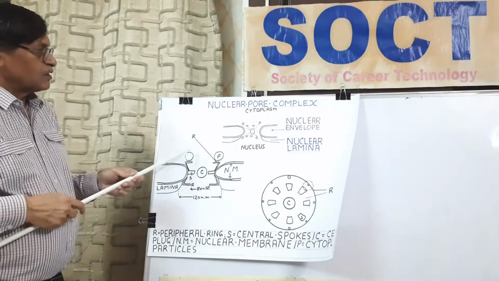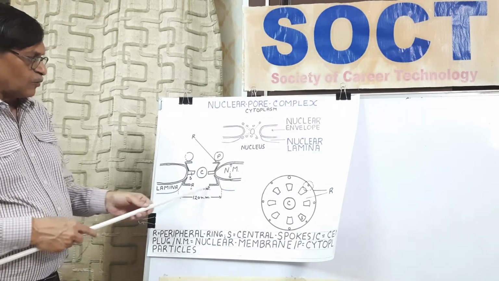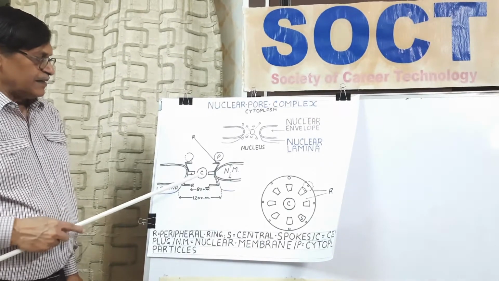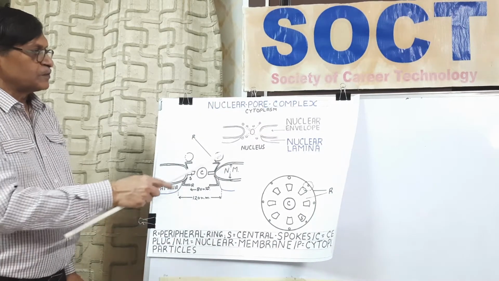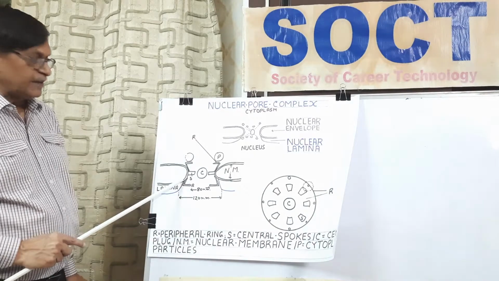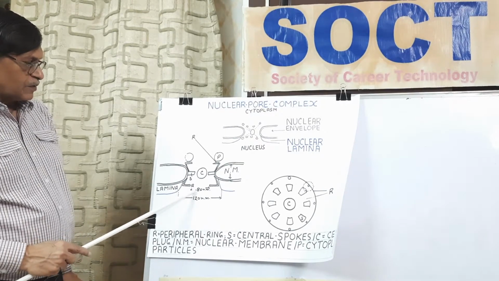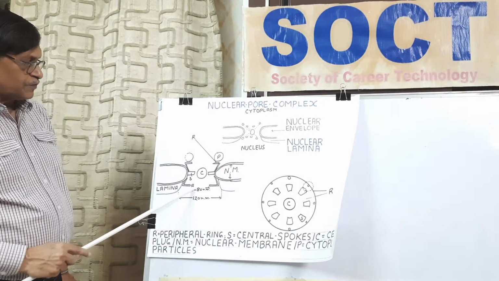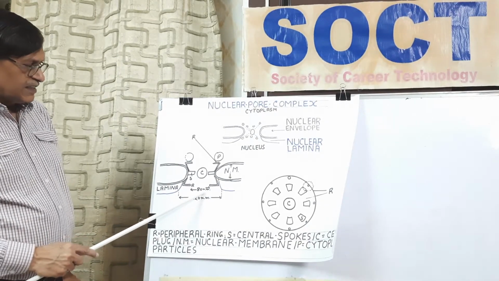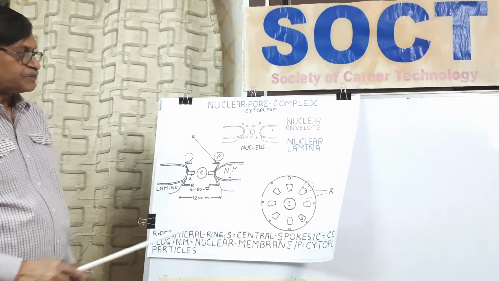So this is first annuli, upper annuli and lower annuli, and these are the spokes which connect the central plug with the nuclear membrane. The space in between these two is 80 nanometers, and here the space is 120 nanometer.